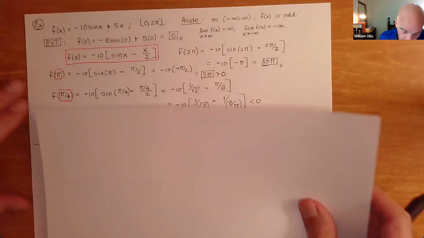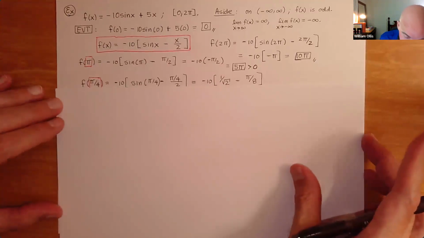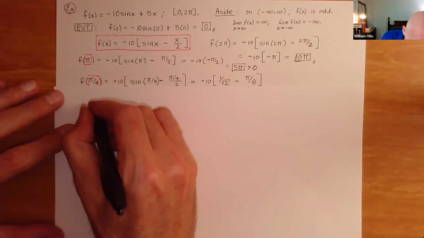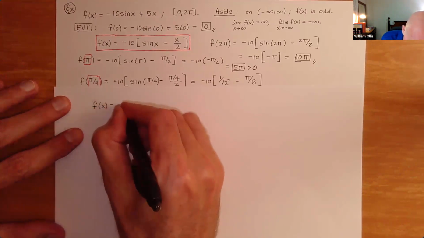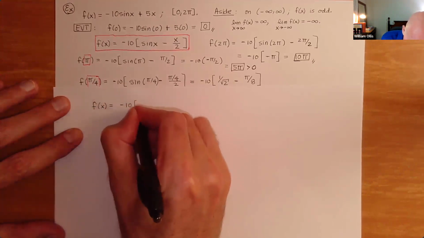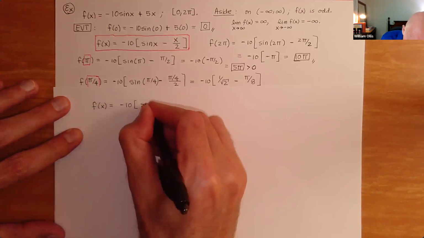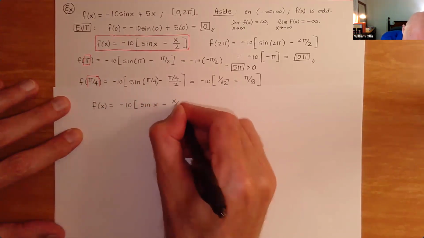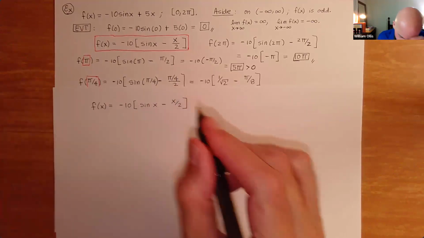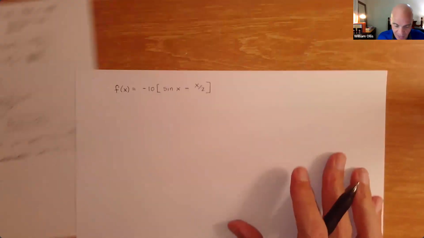I'll cover this part up. Let me just write this down, and then we'll move to the new page. So we have f of x in our factorized form is -10 sine of x minus x divided by 2. Okay, so that gives us values there.